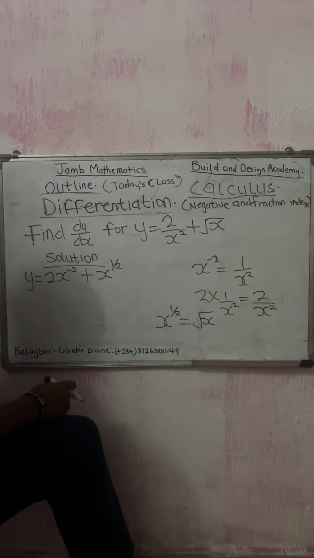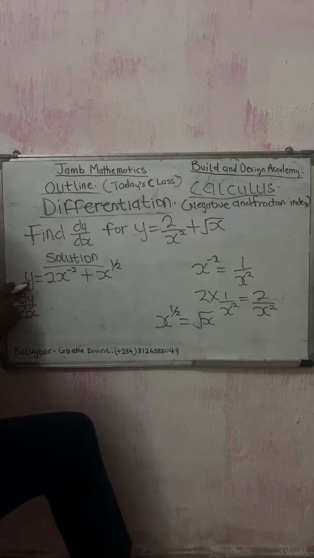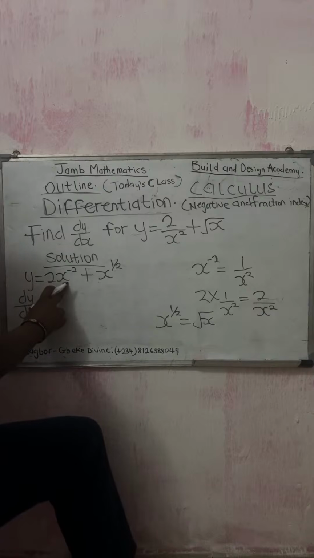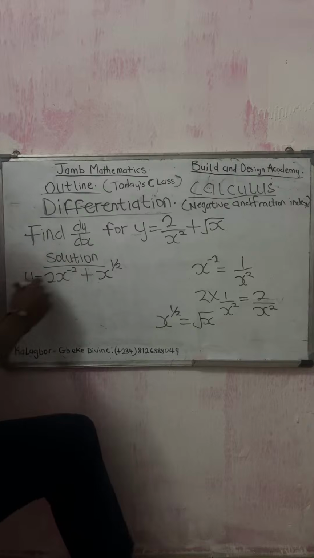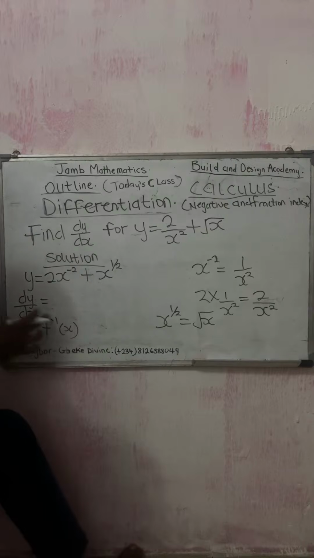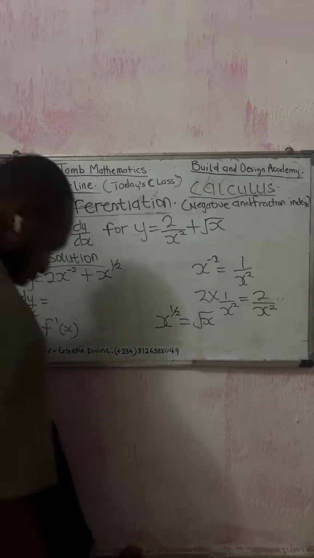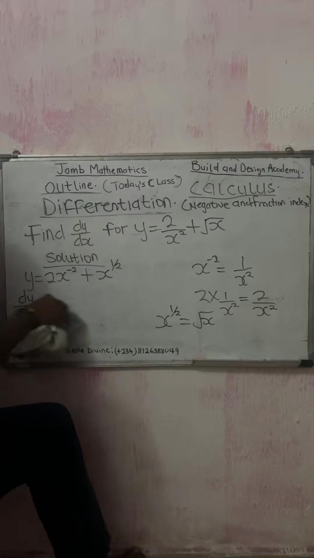Then from here, we will take dy dx. We are differentiating y with respect to x. That's our derivative. This dy dx can also be written as the first derivative. So let's go.